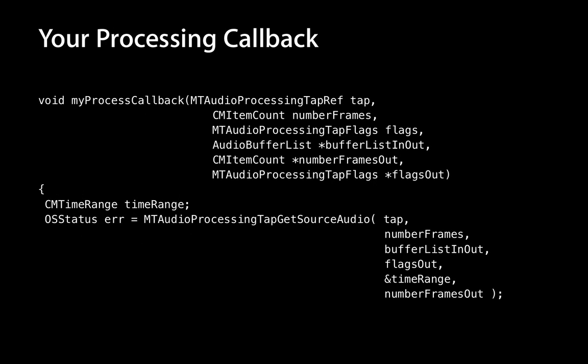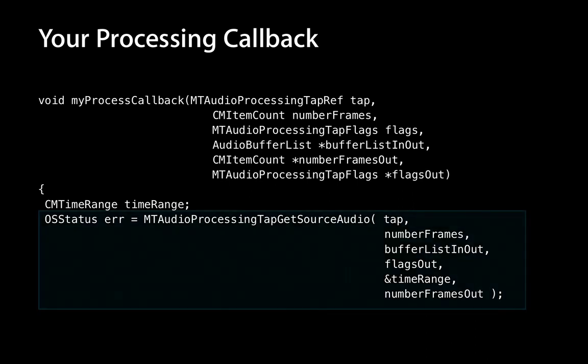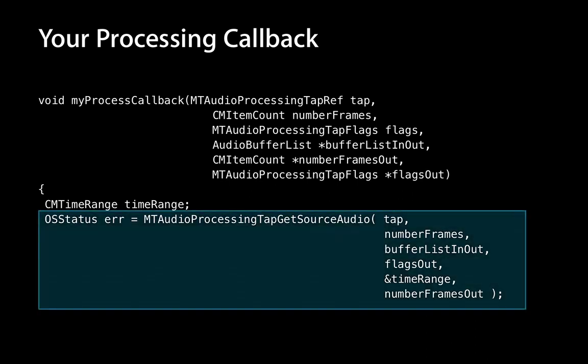Let's take a look now at a coding example where we use the process callback to just iterate over the buffers and the samples in each buffer and do some trivial manipulation. The first thing we're going to do is call the empty audio processing tap get source audio routine to pull out of the tap all the samples that have been made available.